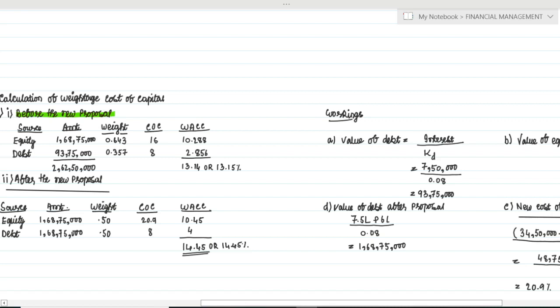The main point is you need to find the value of debt and value of equity.